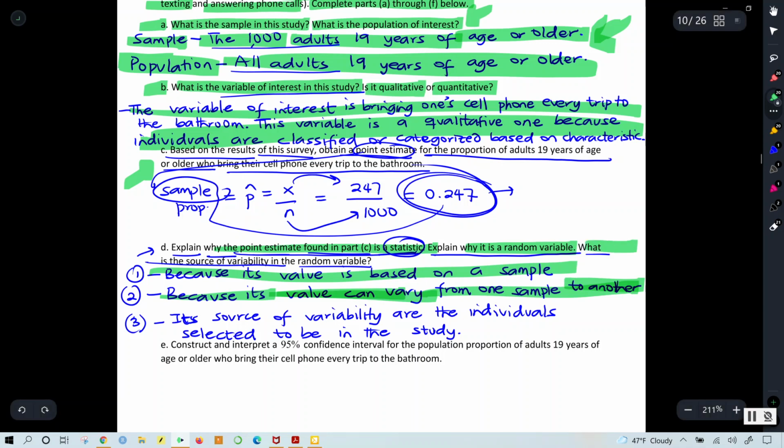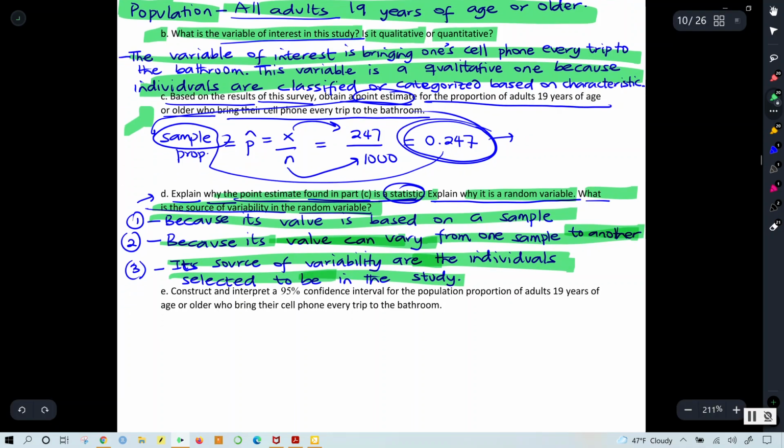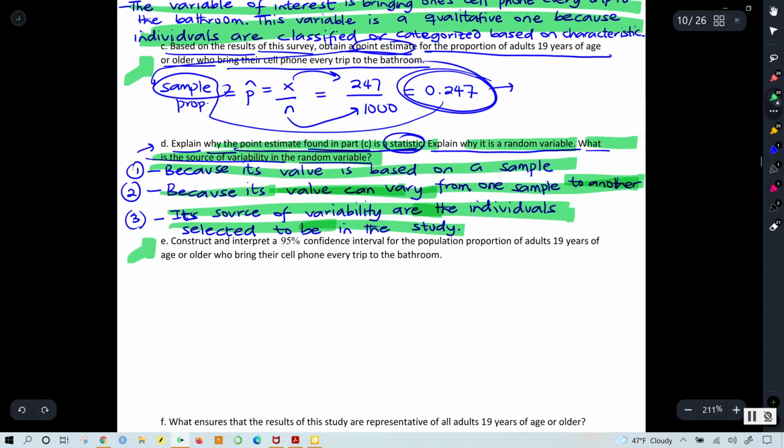That is, what is the source of variability in the random variable. Its source of variability are the different individuals that can possibly be selected to be in the sample from one survey to another.